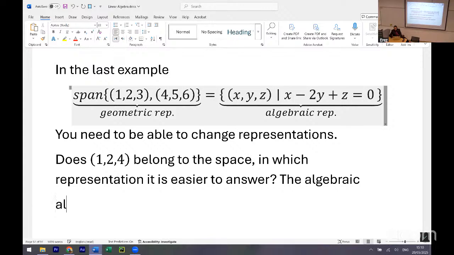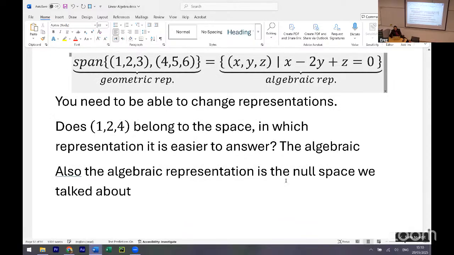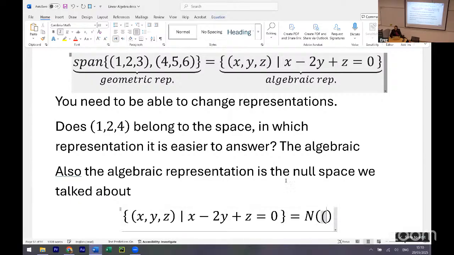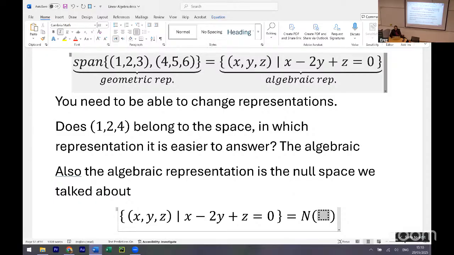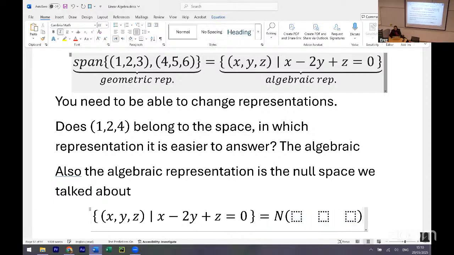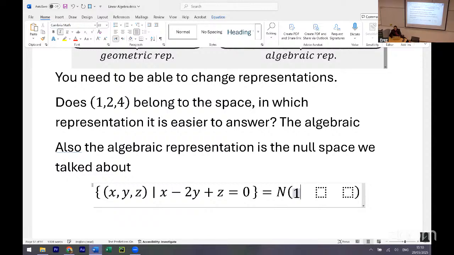Also, the algebraic representation is the null space we talked about. Look, this is basically the null space of the matrix of coefficients, the matrix 1, minus 2, 1.